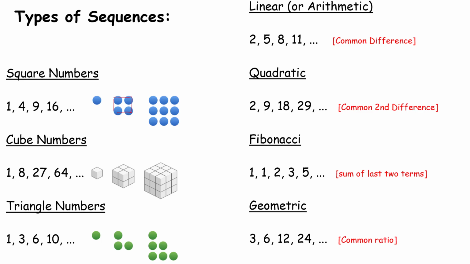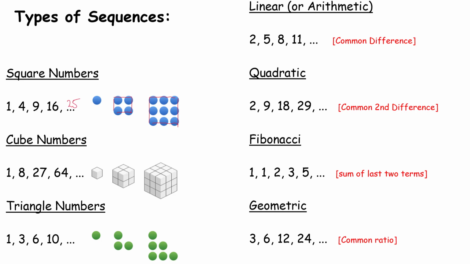So you can take 4 circles and arrange them into a square shape, but you can't do that with 5 things or 6 things or 7 things or 8 things, but you can do it with 9 things. Okay, so either remember it like that, or you can think of it as 1 times 1 is 1, 2 times 2 is 4, 3 times 3 is 9 and so on. So the next square number in this list is going to be 5 times 5, which is 25, isn't it?